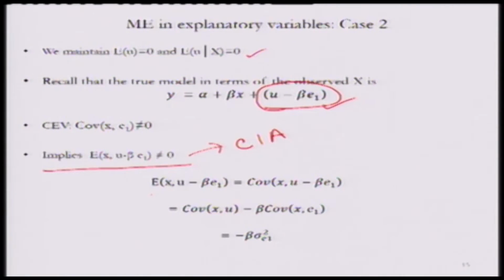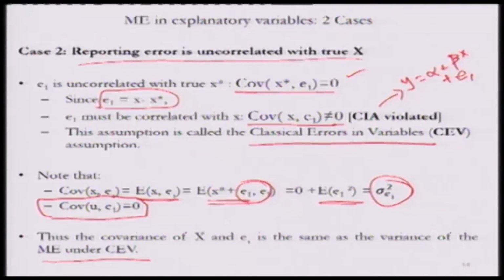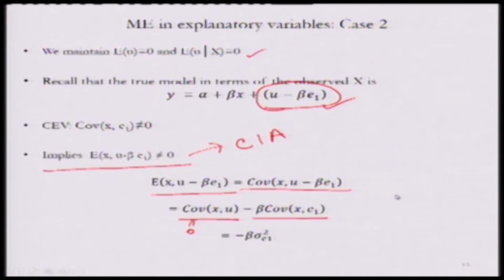So, we take the covariance between x and the new error term, and this can be rewritten as the covariance of x and u minus beta times the covariance of x and E1. Now, we have already assumed that the first term is equal to 0. So, what we are left with is minus beta times the covariance of x and E1, and in the previous slide we have already derived that the covariance of x and E1 is equal to the variance of E1. So, this is equal to minus beta sigma E1 square.